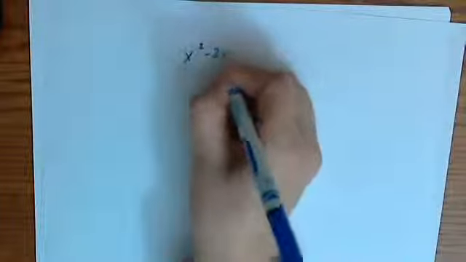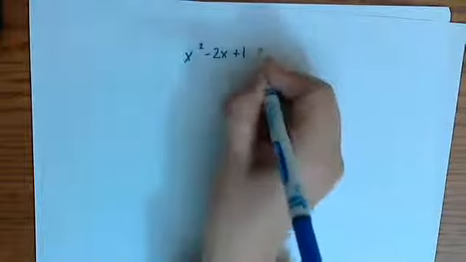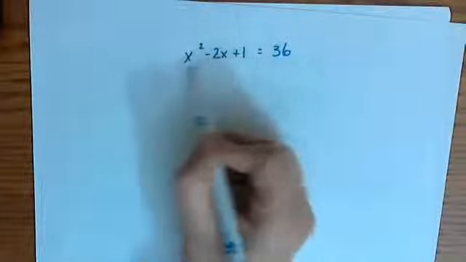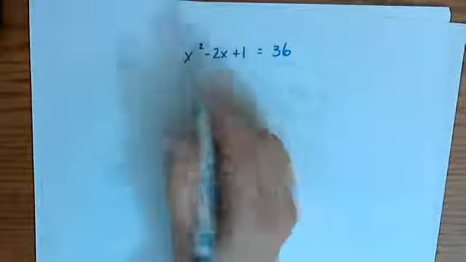Okay? Let's do another example if we can find one. I'm on letter A on page 417 on the lesson practice, where we have x squared minus 2x plus 1 equals 36. Can I factor this left-hand side?